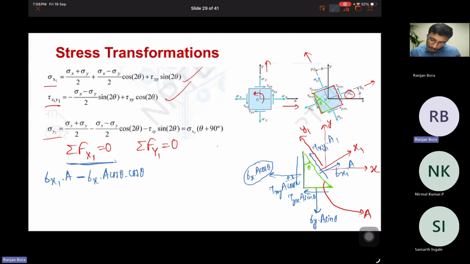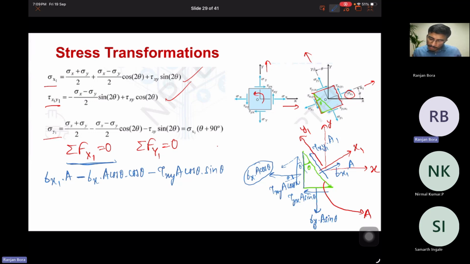The component of tau xy A cos theta, this is theta, along the x1 direction is minus tau xy A cos theta dot sin theta.